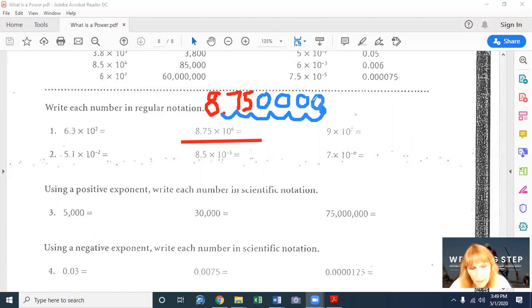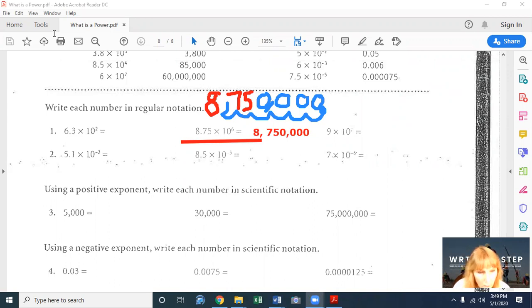And then if I need to add a comma, I can do that. So 1, 2, 3, comma, 1, 2, 3, comma. So the answer then to this problem is 8,750,000. So that is converting from scientific notation to standard form, or to a regular number.